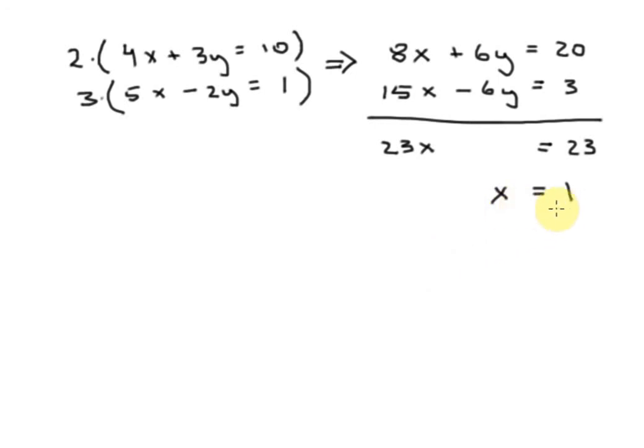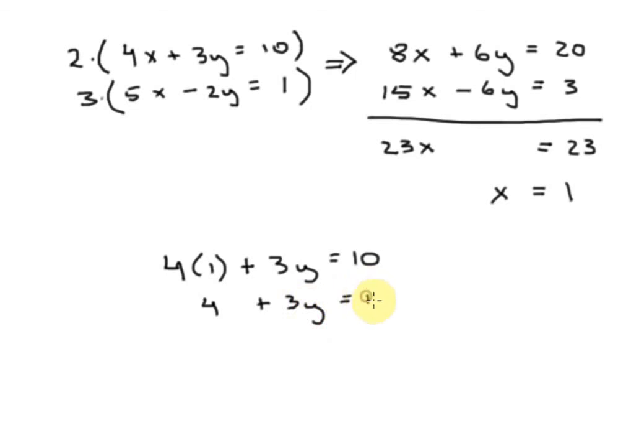Once I've got my x solution here, or if it happened to be a y solution, then I can go back to either of the original equations, and I'm just going to plug in that x is 1. So I'm going to take my first equation here, put in a 1 for that x, and then solve for y. So here we go. 4 times 1 is 4.